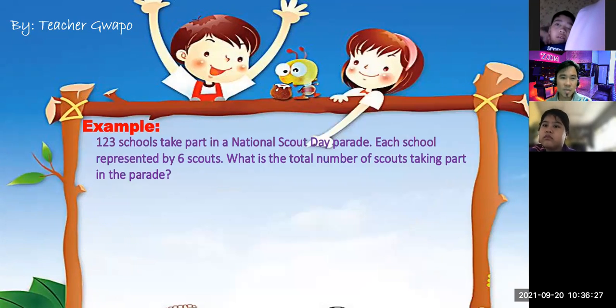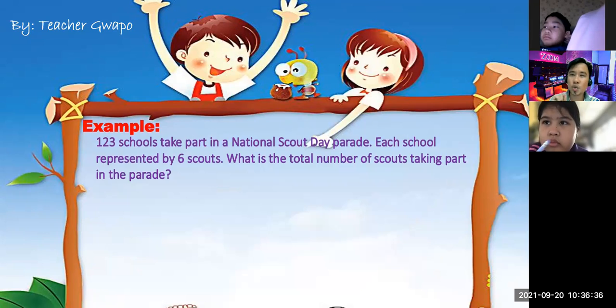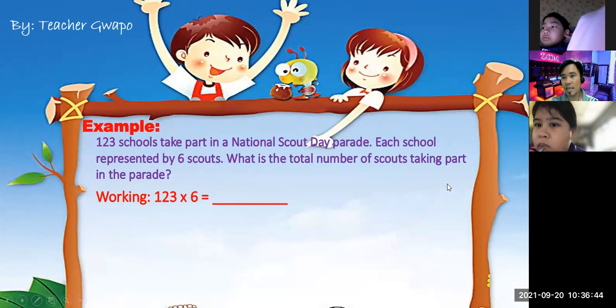Okay, now let's try this one. The story in your book, you can see this in your book. You can see there 123 schools take part in a National Scout Day parade, right? You can see that in your book, page 43.